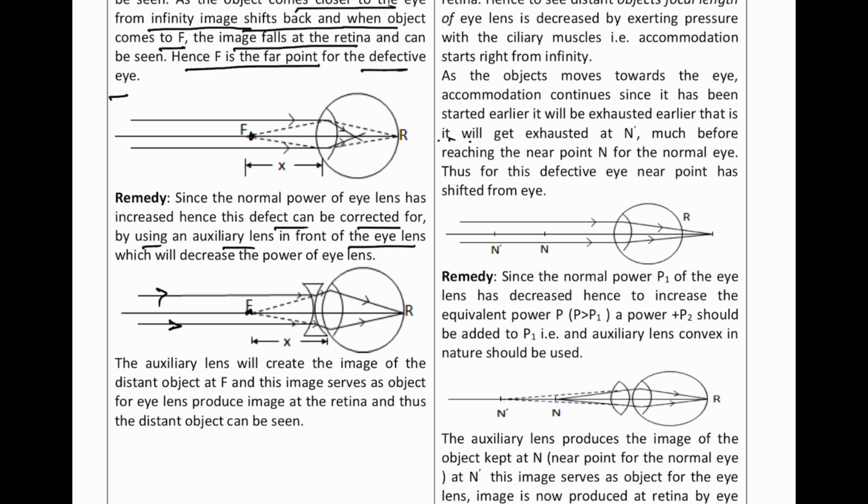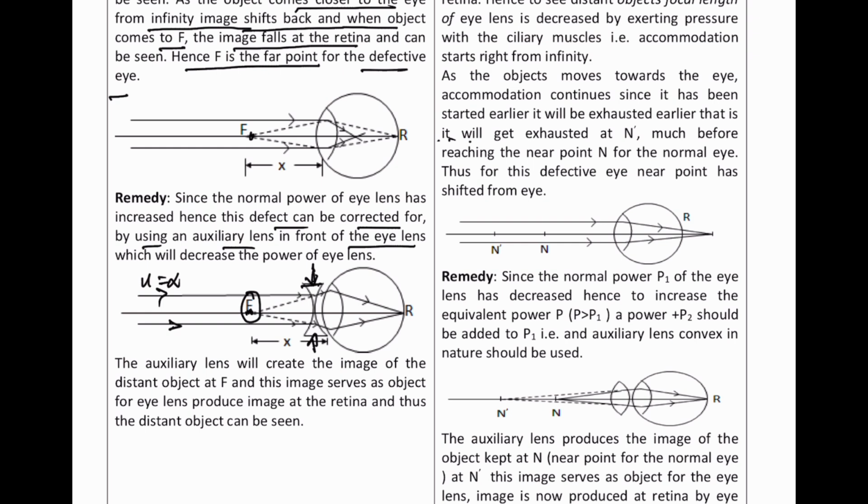This auxiliary lens is your spectacle lens. It forms the image of the object which is at infinity at this point f. So this divergent lens produces the image of infinite objects, parallel rays, at f. This is the function of this auxiliary lens.